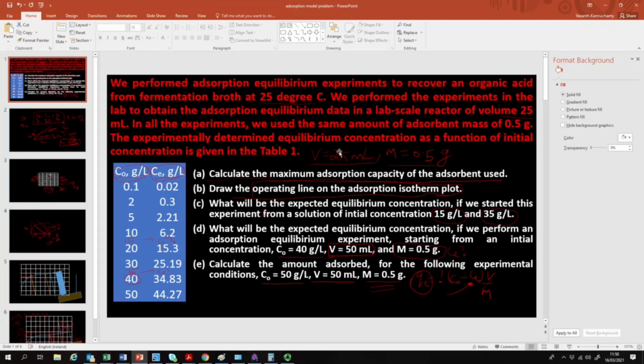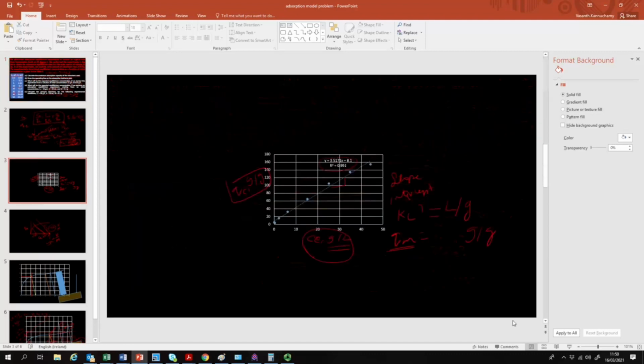Then I will ask you to assume mass in the range of say 0.1 gram to 0.9 grams. Then you have to do the calculations. You have to fix some volume by yourself, some mass by yourself, and then solve this type of problem.